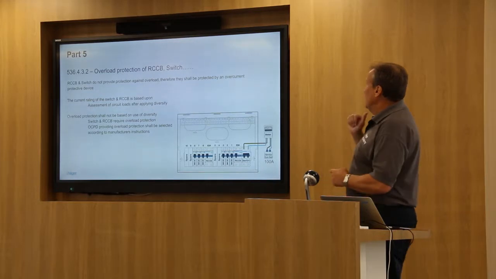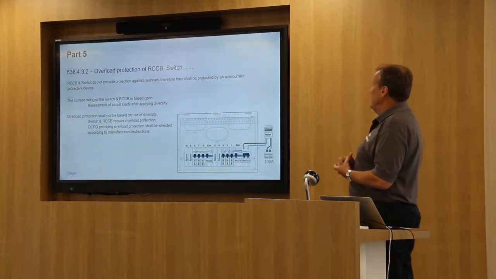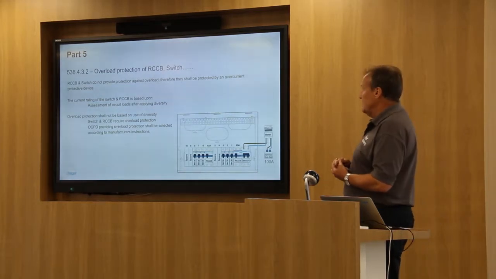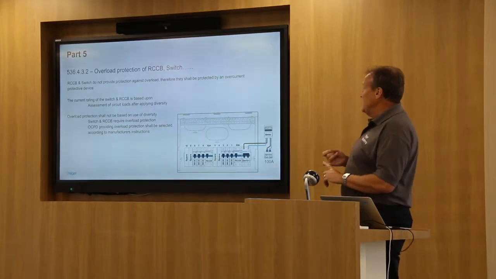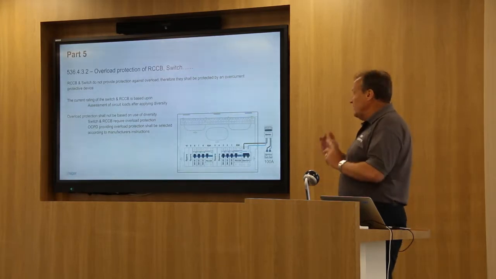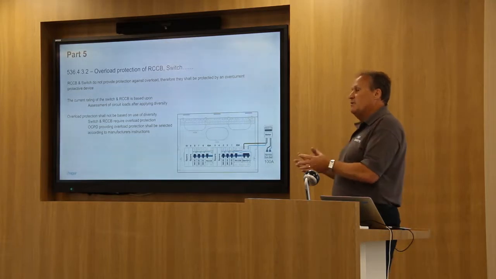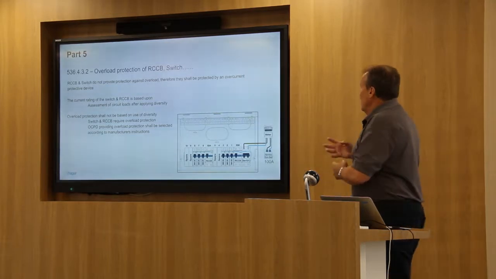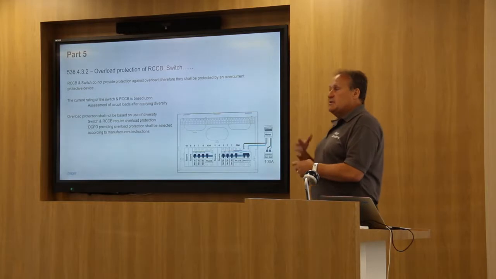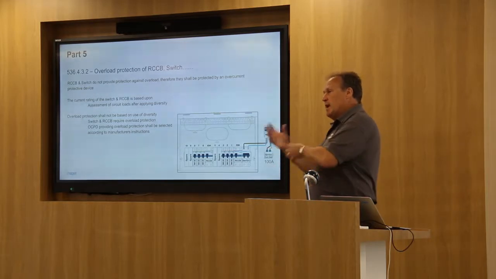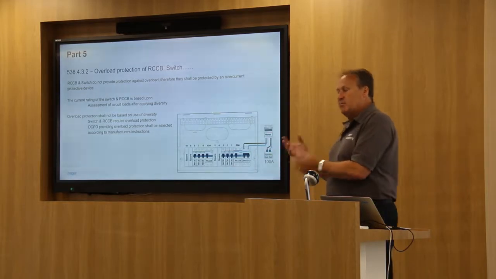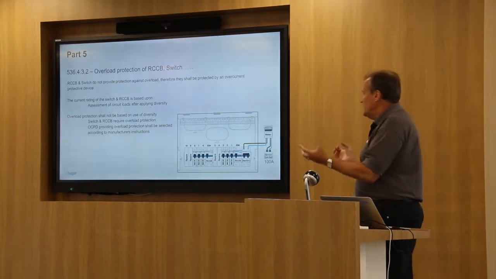However, because on the top line there we shall provide protection by an overcurrent protected device, overload protection, you cannot use the application of diversity to justify this overload protection. So, although in normal operations we take diversity, what would happen maybe if our boiler packs up and we've got 3 or 4 3 kilowatt heaters in the loft?